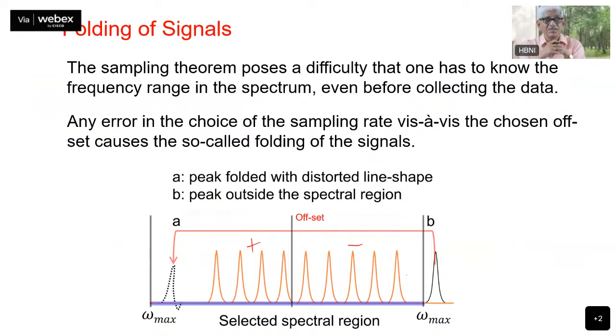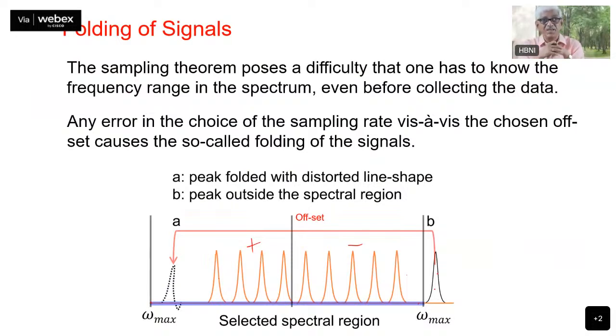Now, it so happens that you have not chosen the spectral width properly. You chose the spectral width from here to here, but there is a signal which is present here. You did not know this because you made a mistake. Omega max ought to have included this frequency, but you did not include it.